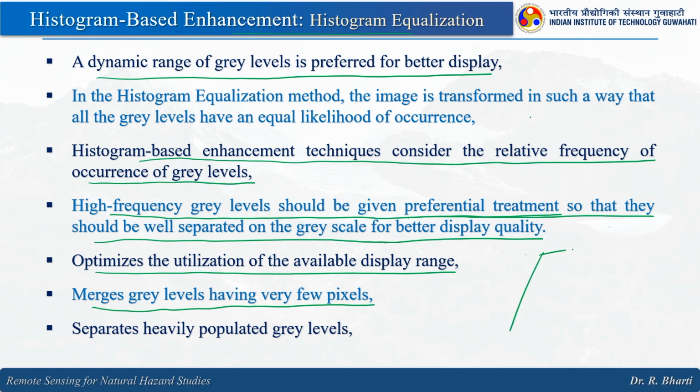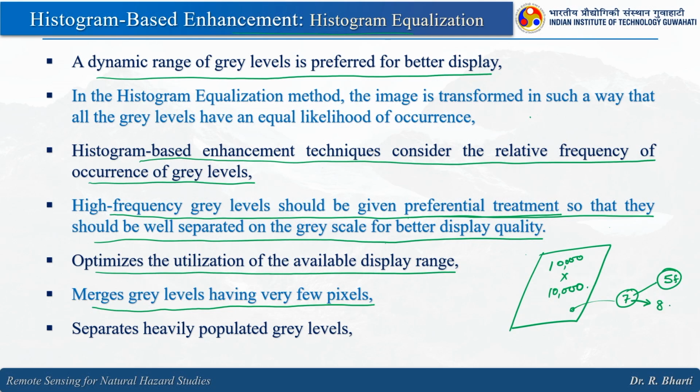So, suppose the image is maybe 10,000 by 10,000 pixels, right. And there are a few DN values, let us say 7, which has only 5 frequency, right. In such cases it is not a good idea to keep this 7 in the image. So, what will it do? It will merge it with the closest value which has higher frequency.